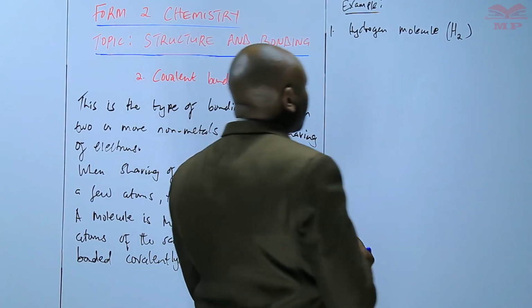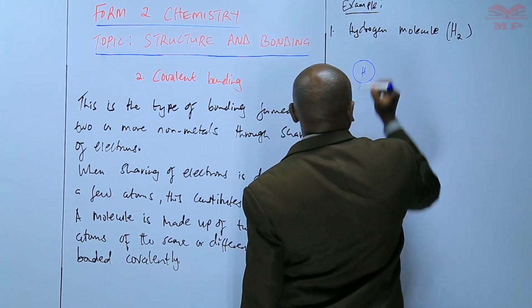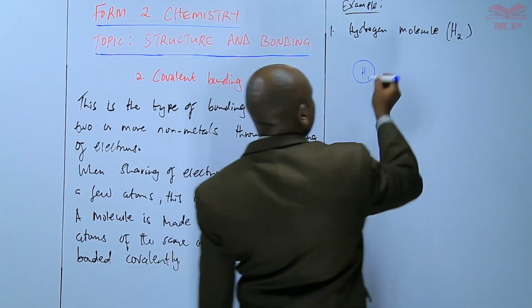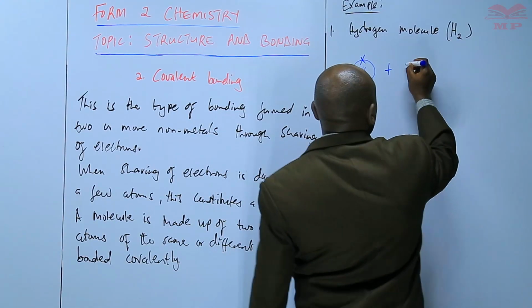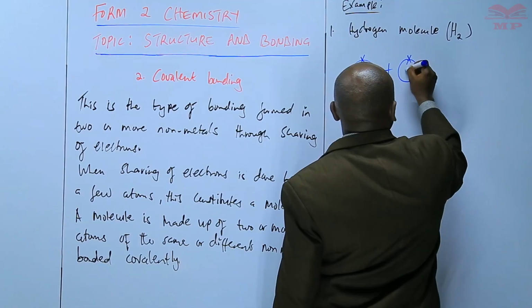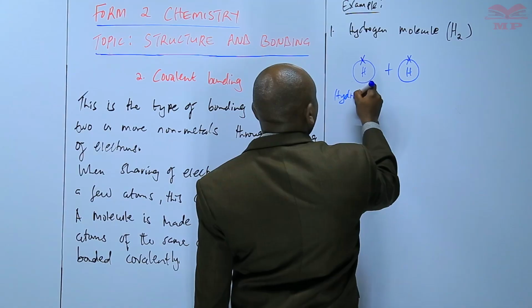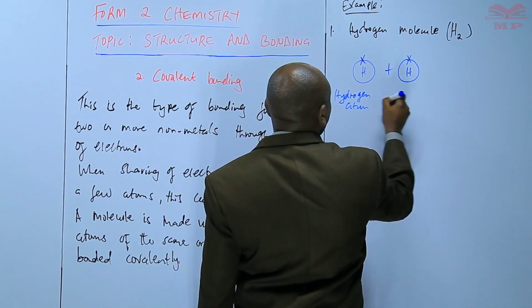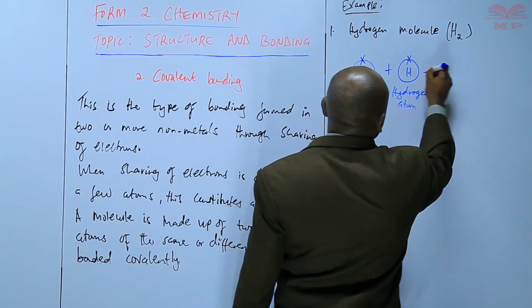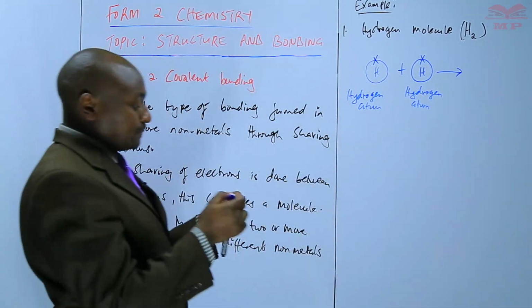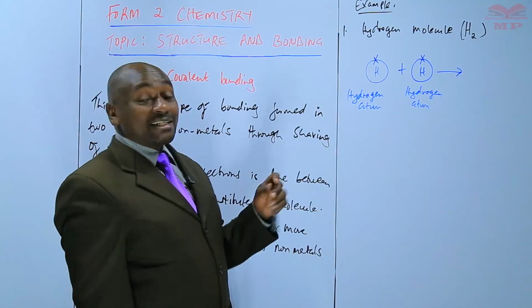So in this, assuming that this is a hydrogen atom, it has only one electron. So if you combine it with another hydrogen atom, also with one electron. So we are saying that a hydrogen atom has one electron, so it is not stable.